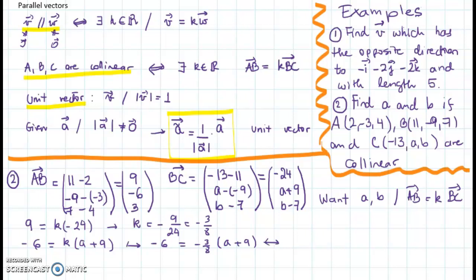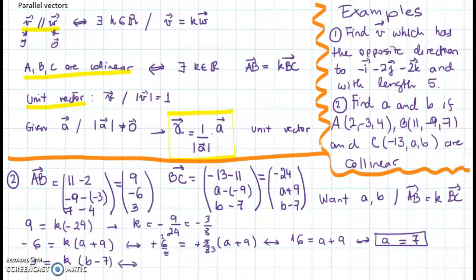So let's see here. We can simplify the signs. We can divide by 3 to simplify as well. So we will have that we want 16 to be equal to a plus 9. So we are saying that we want a to be equal to 7. Then for the z coordinate, we want 3 to be the same as k times b minus 7.